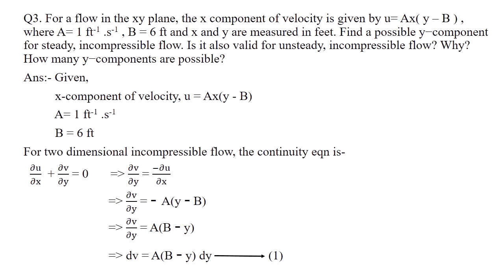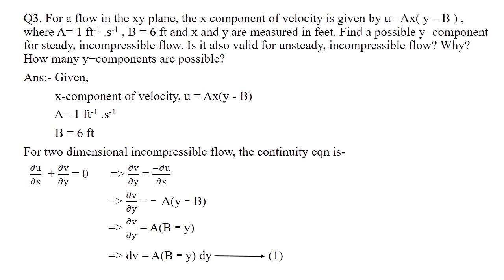So first we will write the given part. The x component of velocity is given as u = ax(y - b), and the value of a is 1 per feet per second and the value of b is equal to 6 feet. For two-dimensional incompressible flow, the continuity equation, which we know is given by del u by del x plus del v by del y is equal to 0.